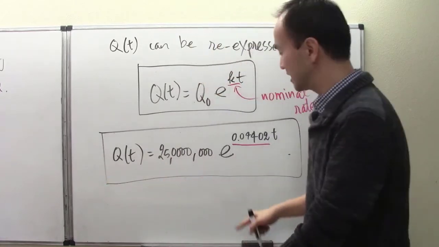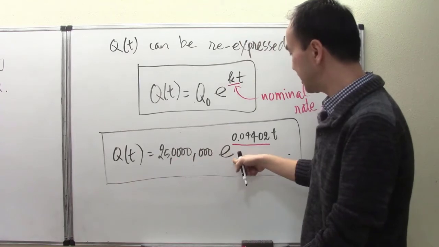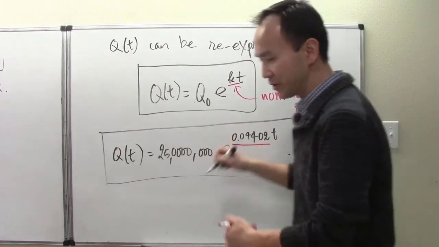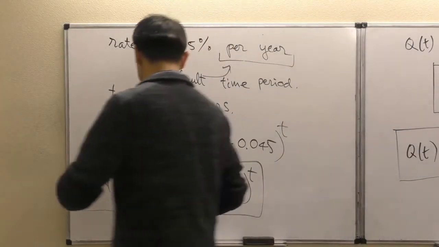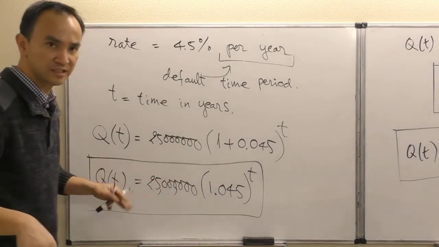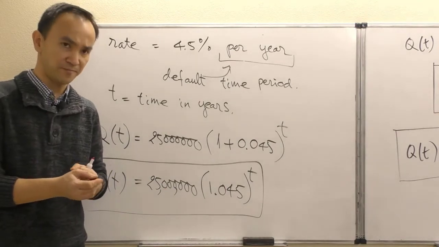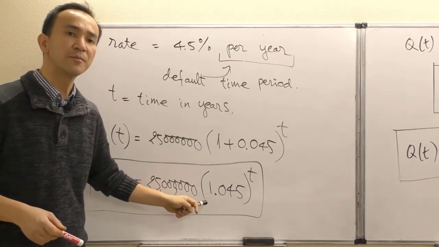In other words, this function and the other function, 25 million times e to the 0.04402 t, will give the exact same prediction in t years as if we were using this model right here. So these two functions are exactly equal. It's just they are re-expressed in different bases.